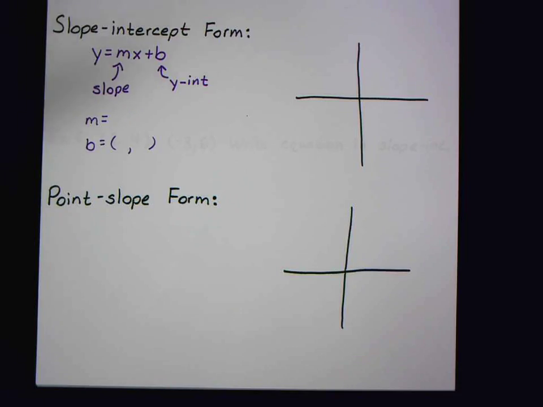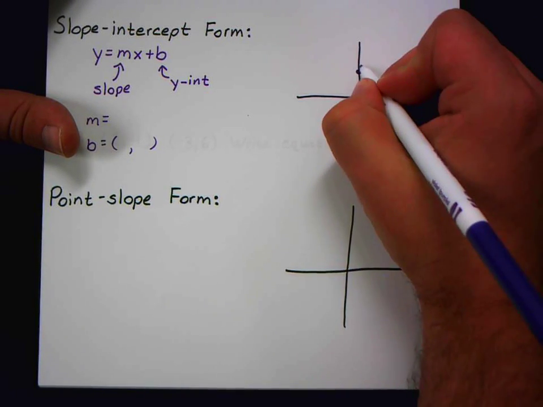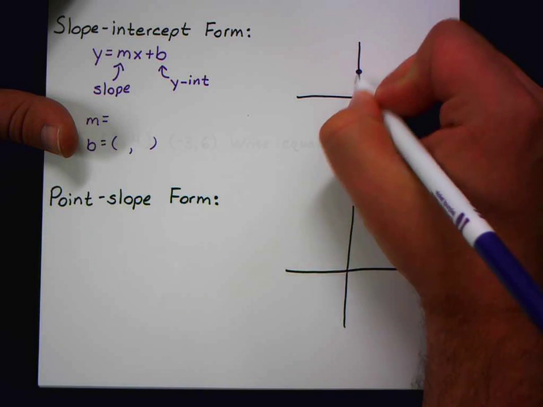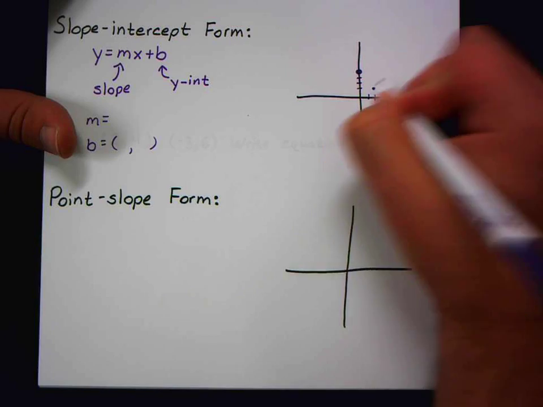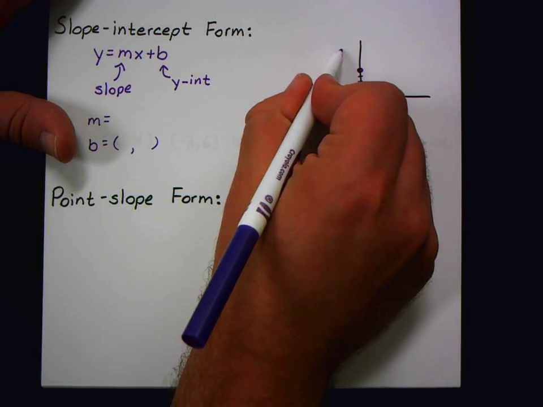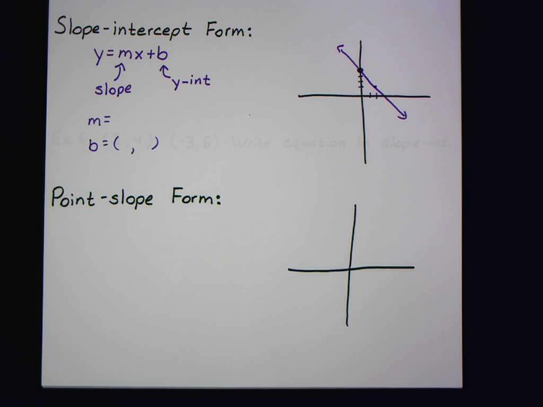If you need to graph one, you plot your y-intercept, and then you use your slope to go up or down and over, and you graph your line. Again, I'm not going to worry about examples of those because those have been pounded into your head over and over again.